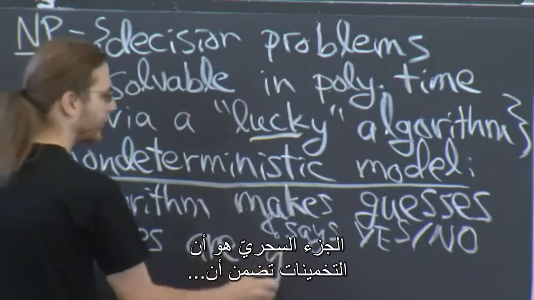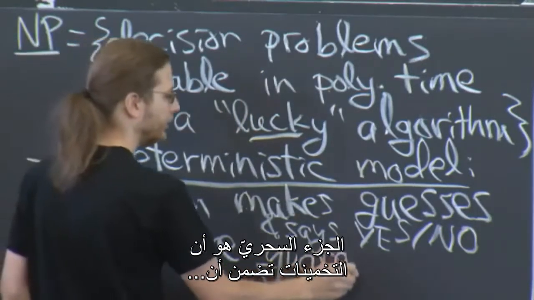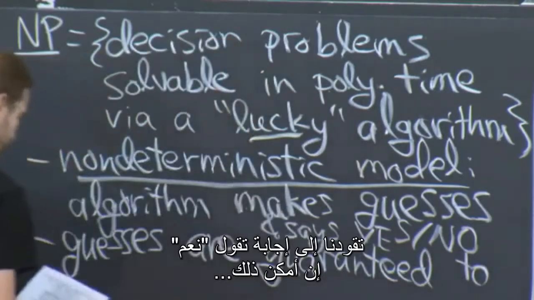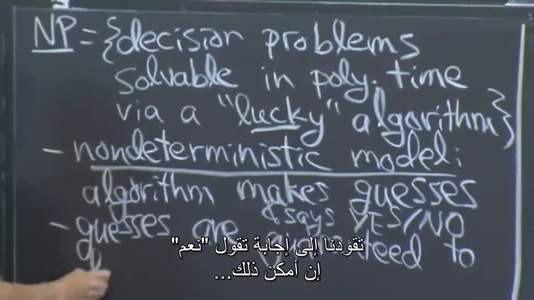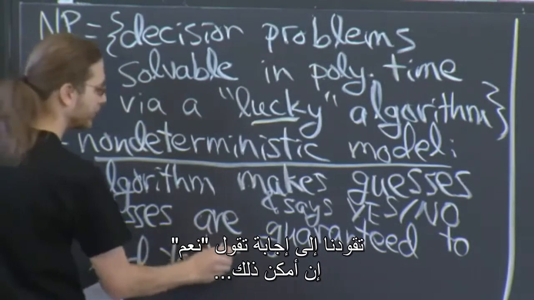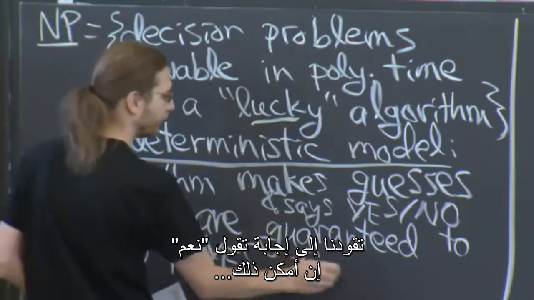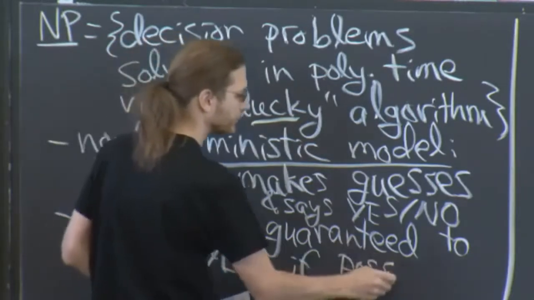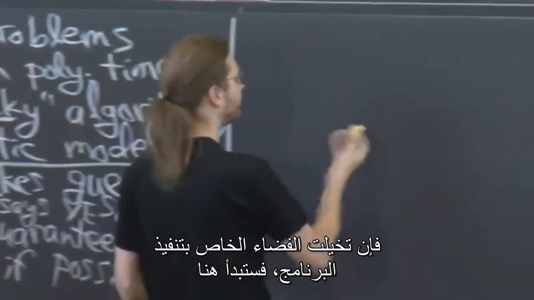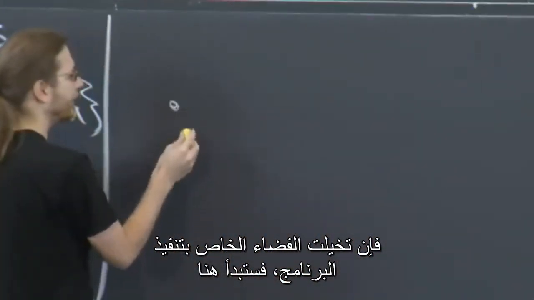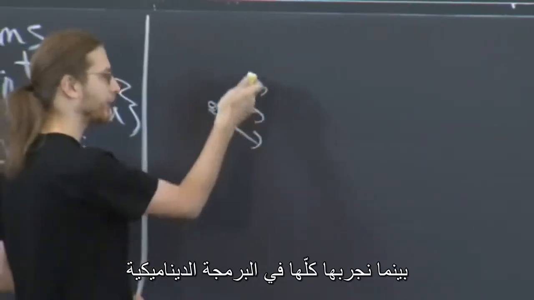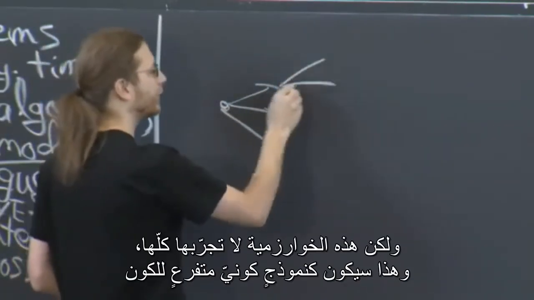The guesses are guaranteed, this is the magic part, to lead to a yes answer, if possible. So if you imagine the space of executions of this program, you start here, and you make some guess, and you don't know which way to go. In dynamic programming, we try all of them. But this algorithm doesn't try all of them.